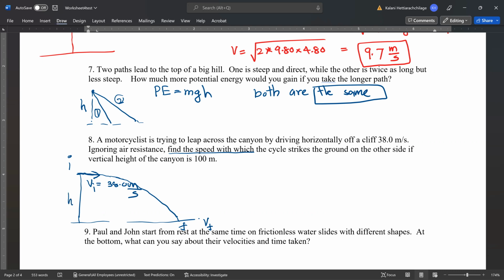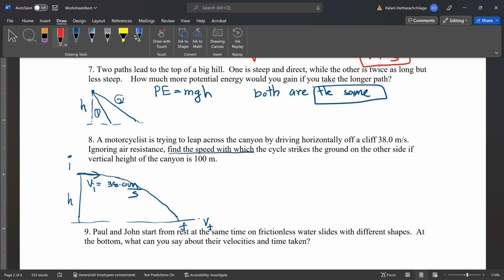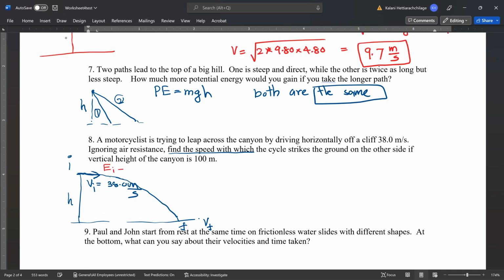So now we're going to write the energies in these two places. In the initial position, energy initial equals kinetic energy initial plus potential energy initial. When you label the potential energy, it's very important that you label where you choose your potential energy 0. I'm going to say the ground is potential energy 0. So E final here will be kinetic energy final plus potential energy final. As soon as you set potential energy 0 at this position, the final potential energy is 0, right?